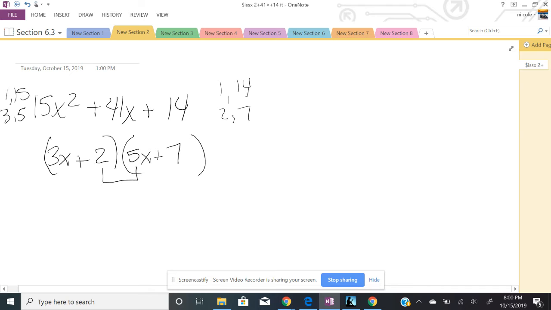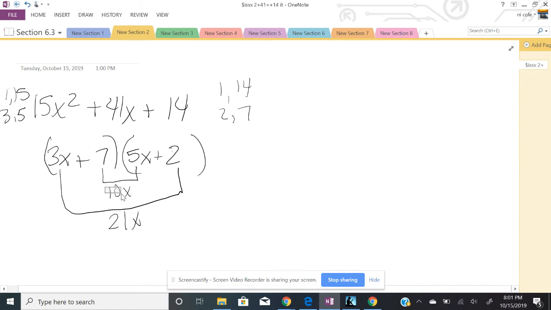So here I go. Here's my insides. That gives me 10x. And my outsides give me 21x. I sum up 10 and 21, and I get 31, so that's not going to work. So let's try the 7 and the 2 the other direction. So that's 7, and this becomes 2.